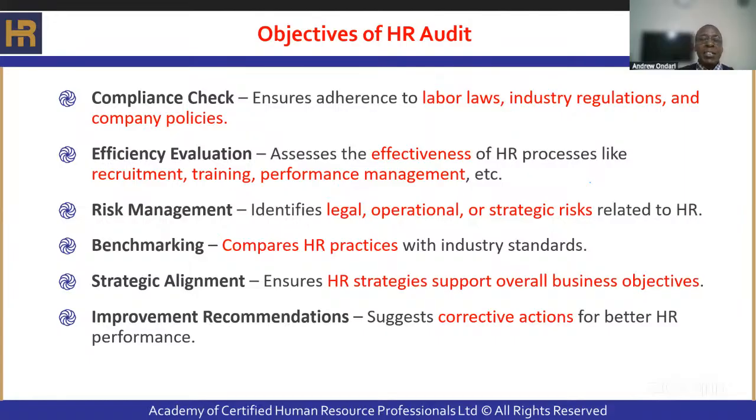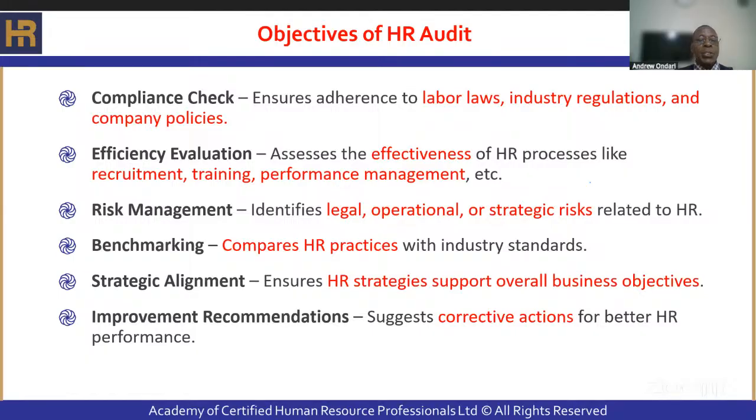So an efficient system is one that ensures that there is resource optimization. In recruitment, we ensure that our resources are used optimally, because there are cost implications related to recruitment. We spend money on recruitment, for example, advertising and interviewing those potential candidates.